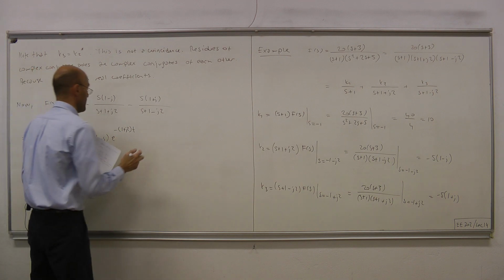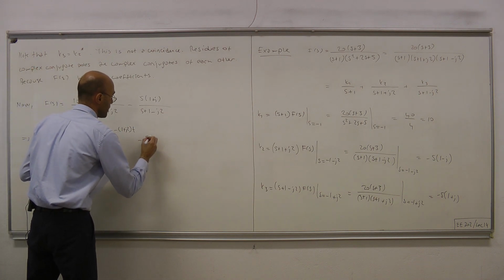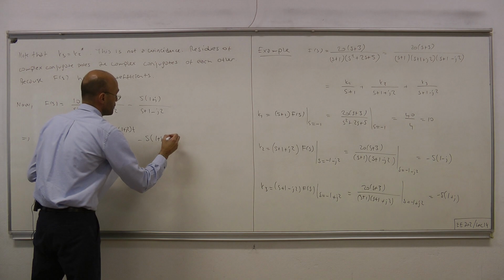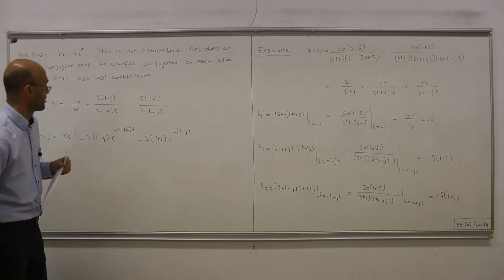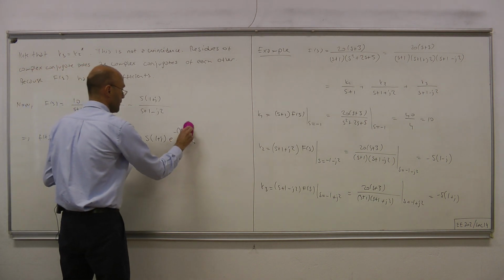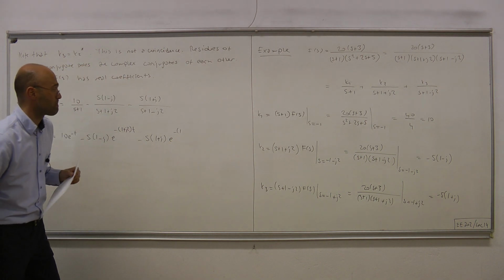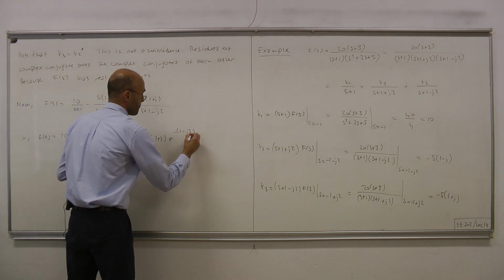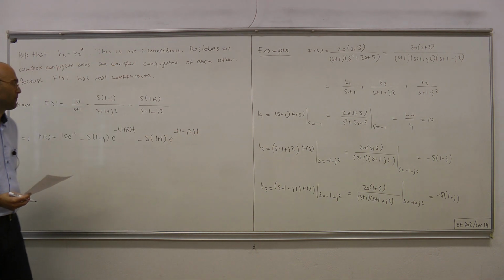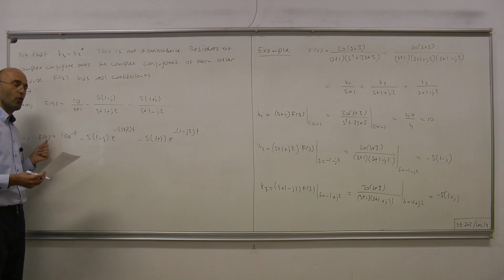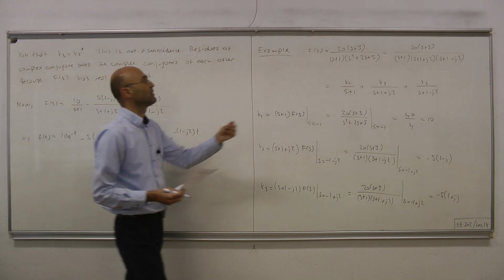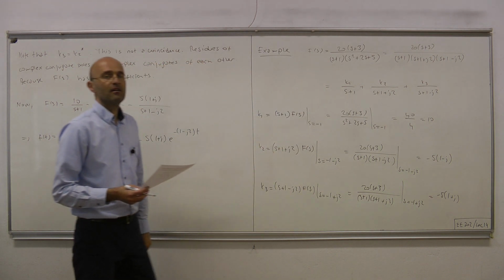Okay, and finally, for the last term, we have plus j e to the minus 1 minus j2 t. Now, formally speaking, we're done. We obtain f of t, the time domain signal, for the given F of s.